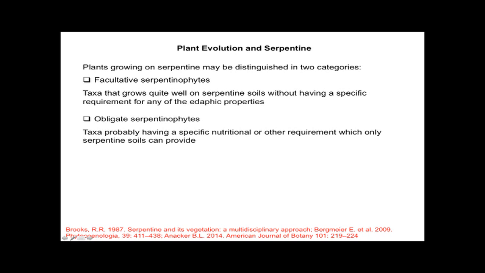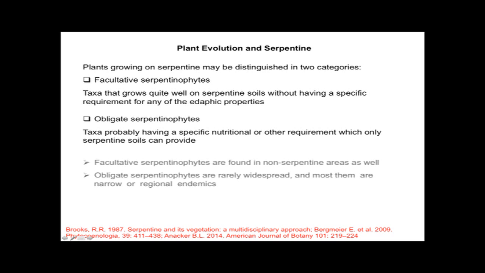However, they seem not to have the need of specific requirement from these soils. The other category are the obligate serpentinophytes, and these are taxa probably having a specific nutritional or other requirement from this kind of soils. And facultative serpentinophytes, we can distinguish them because they grow on serpentine soil, but they can be found also on non-serpentine soils, on normal soils.